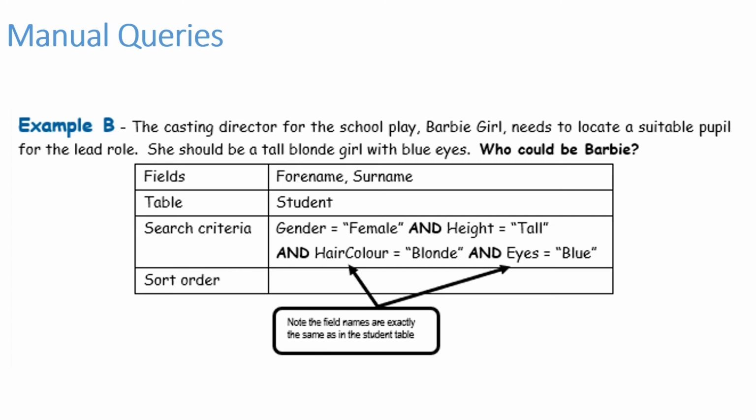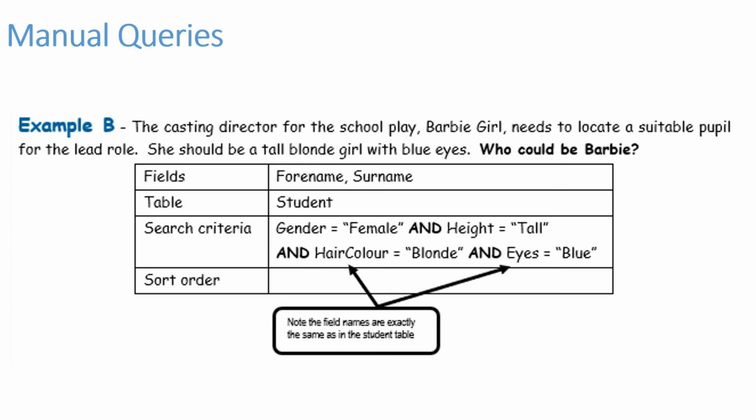So for this one here, again, we're looking for the forename and surname fields, again from the student table. And the search criteria, as it specifies in example B, the little paragraph at the top: the gender must be female, so again in quotation marks, and the height must equal tall in quotation marks because that was stored as text as well. And the hair colour must equal blonde because we've asked for that in the example B paragraph.